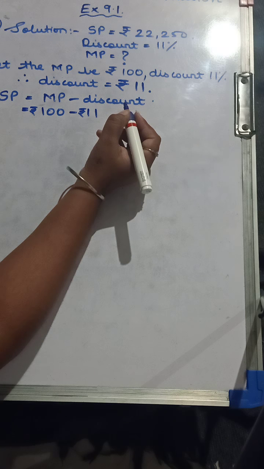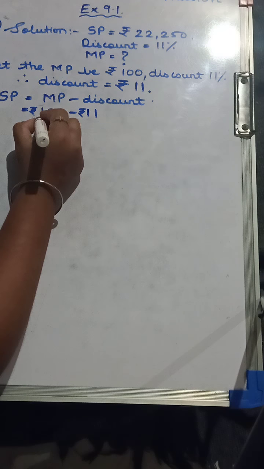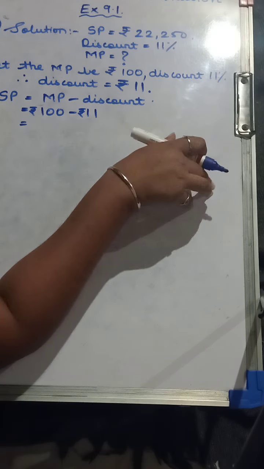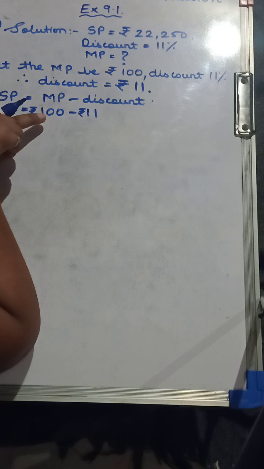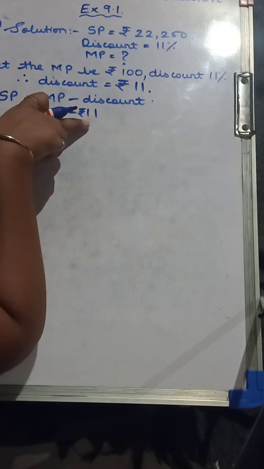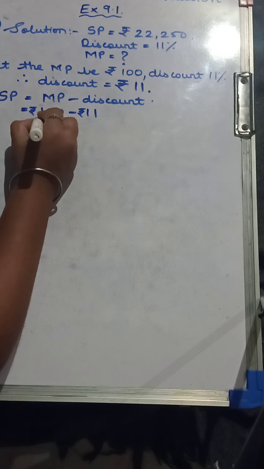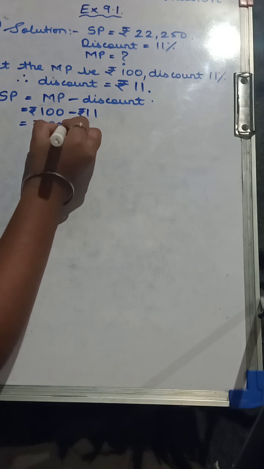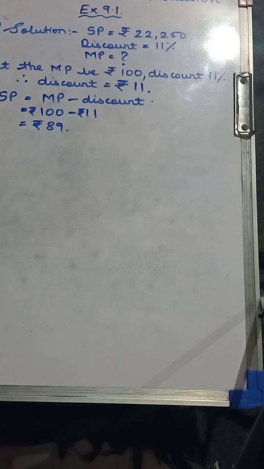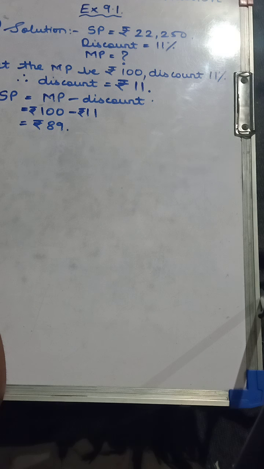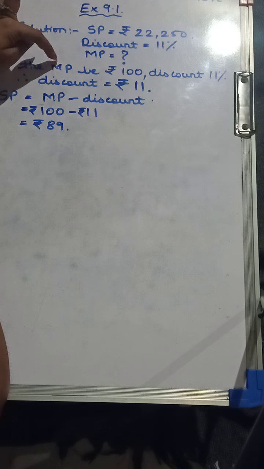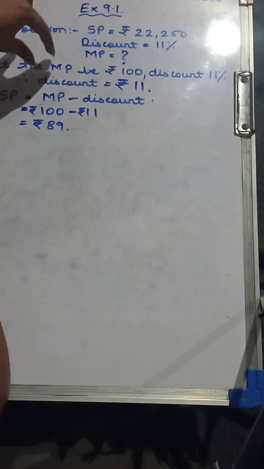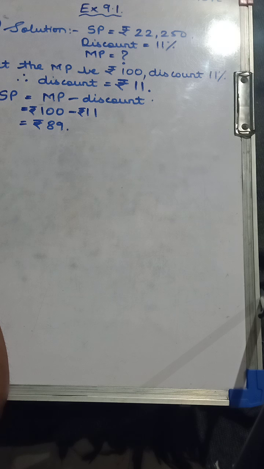So 100 minus 11 will give you 89. No need of solving it in a rough work. Directly mentally you can solve. 100 minus 11 gives you 89. That is rupees 89. So here we have the selling price. This is what we have assumed, because marked price we took as 100. So with the help of this we got the selling price.